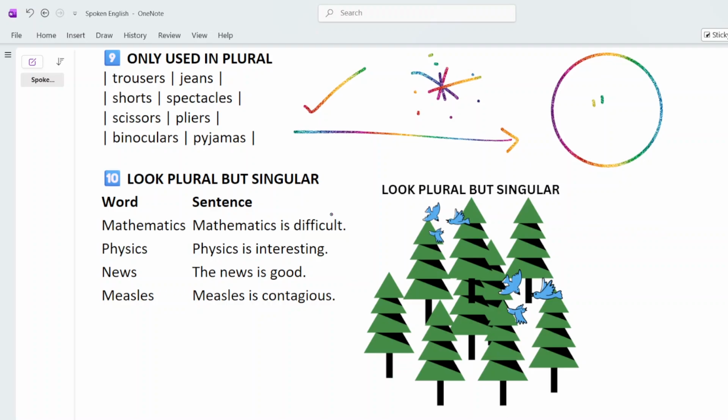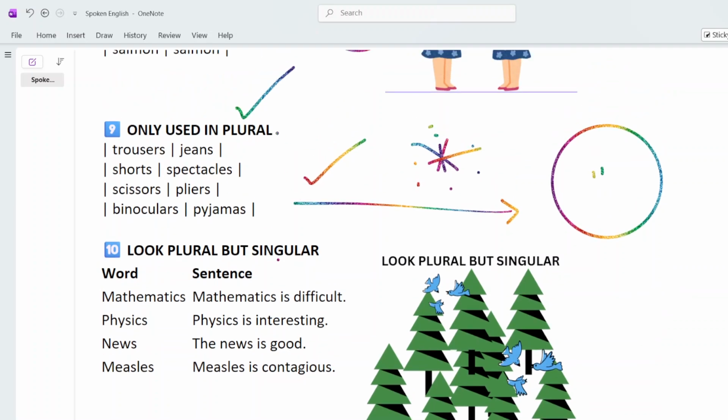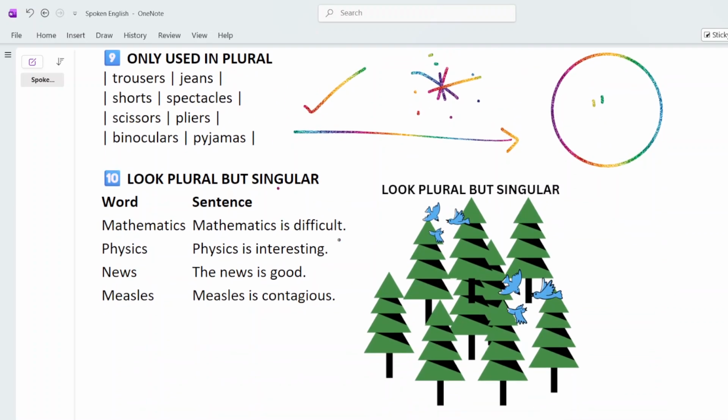Now, there are some words that look plural but are singular in nature. All right, this is another pretty important point, but not as important as this. However, we all know this already. All right, let's look at that. Words like mathematics, physics, news, and measles end in S, but represent one field or only one idea.